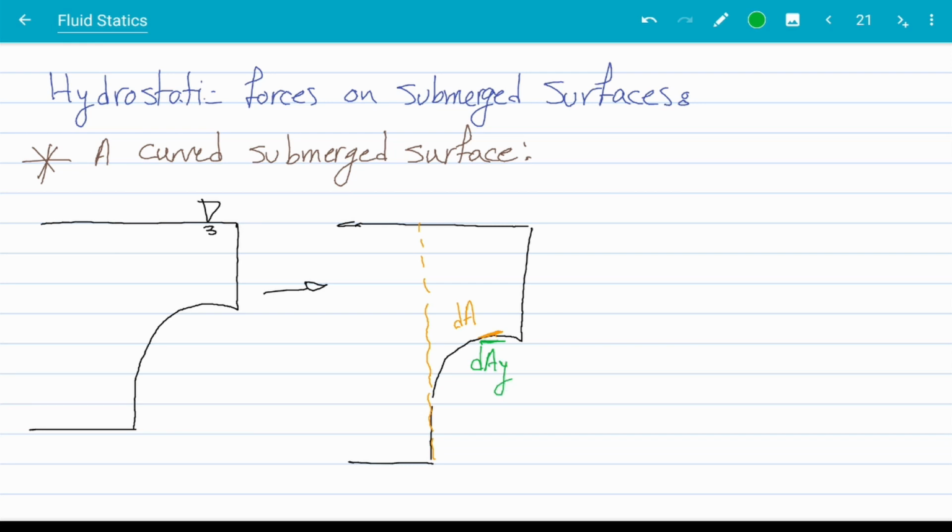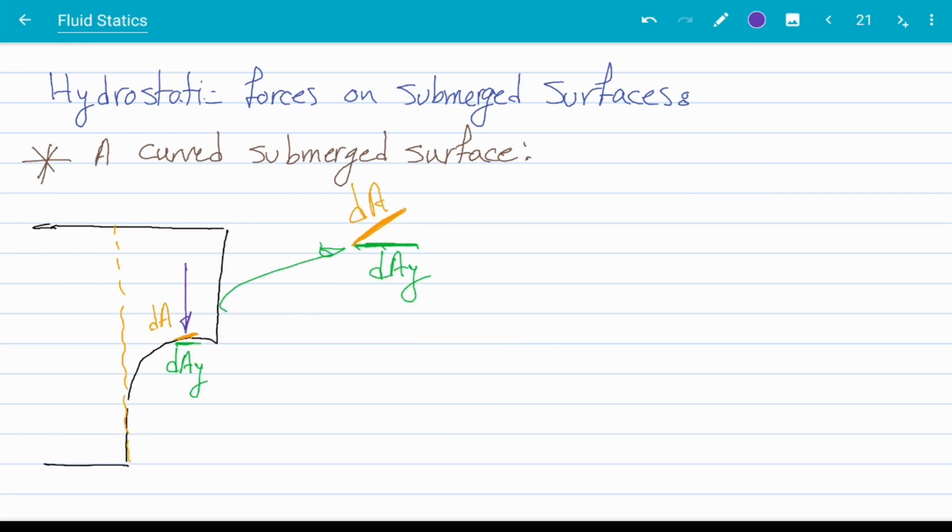Now I'm going to zoom here so that you know what's going on. So this is the actual element, and this is its projection on the y-axis. Now keep this element, the green element, in mind, and let's continue with our analysis here.